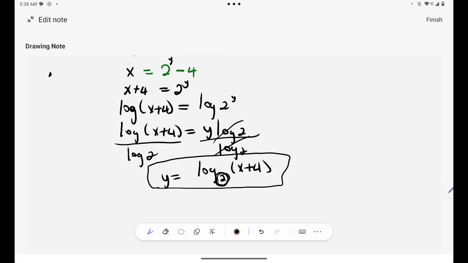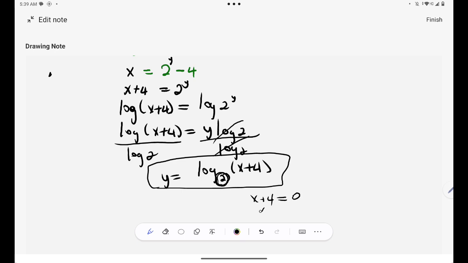It will be increasing on the right hand side of the asymptote. Please check the video for log graphs as well if you're struggling. And then I have my asymptote. I have x plus 4 for my asymptote.